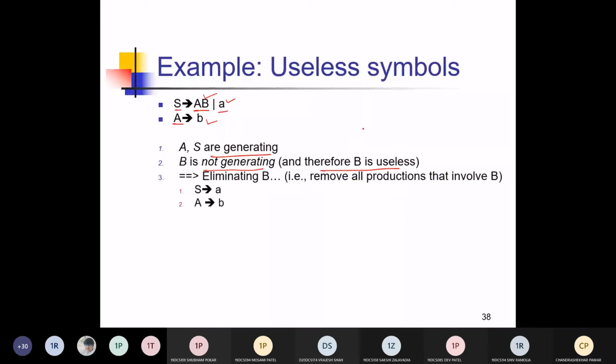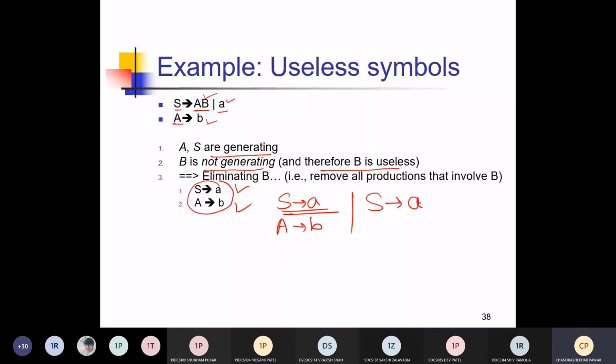Next, after eliminating this B and its related production, we are going to obtain the new productions as S produces small a, that is, a terminal a, and A produces B. Now, if you observe within these two productions, S is our starting symbol, and S is only going to produce what?